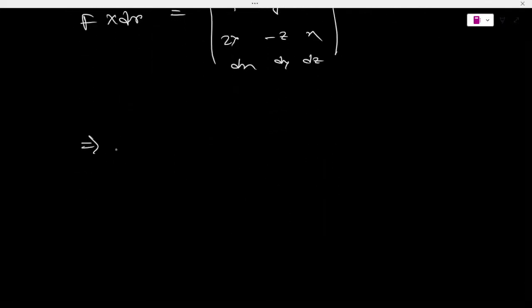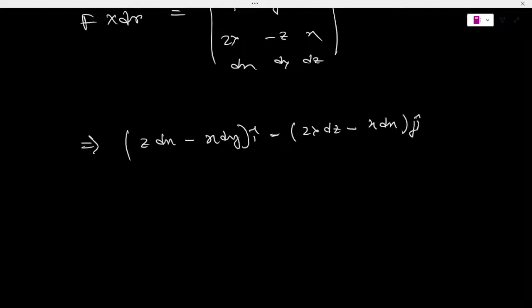So after that it will be represented as z dx minus x dy, minus 2y dz minus x dx to j cap, plus 2y dy plus z dx into k cap.